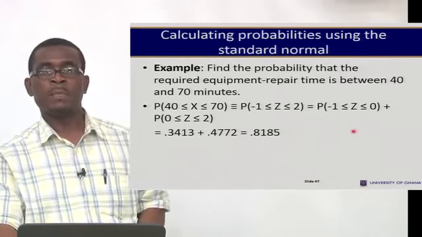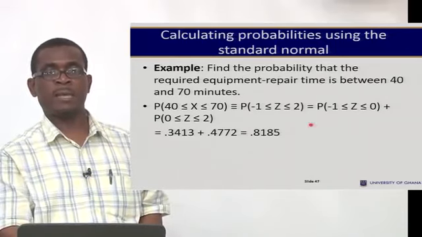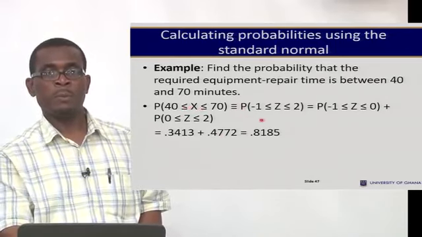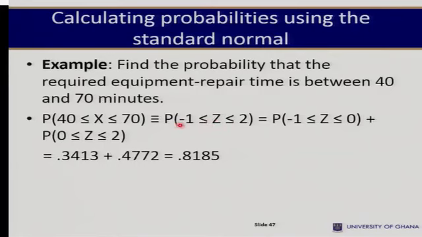And then this is another example. When you convert to the Z, it's between minus 1 and 2. But you can break it down into two: between minus 1 and 0, and then between 0 and 2. Between minus 1 and 0 is the same thing as between 0 and 1, which we got earlier as 0.3413.